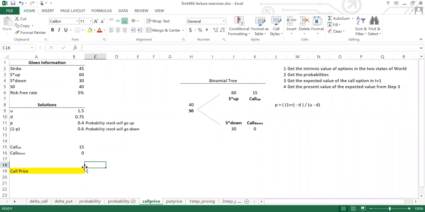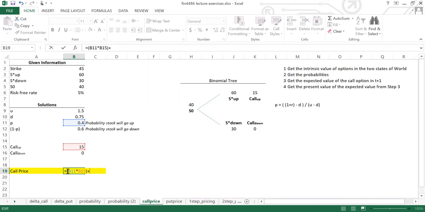If you have not taken note, just go back and take note of that formula, and then we're going to use it here. So it is the probability of the stock moving up multiplied by the call option if the stock price moves up, plus the probability that the stock will move down multiplied by the call option in that setting, in the bad state of the world.